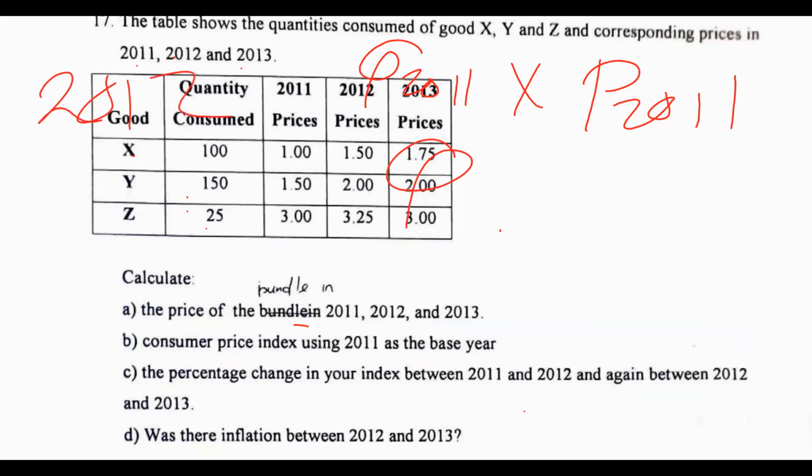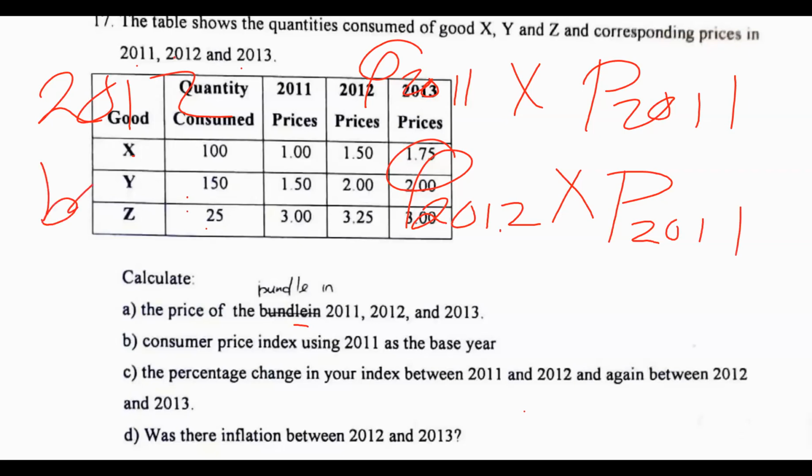We use the quantity for 2012 times the price for 2011, because 2011 is the base year. We have said the base year is 2011, isn't it? That's the year of reference. So the prices we'll be using are for 2011. So you will get the quantity for 2012.